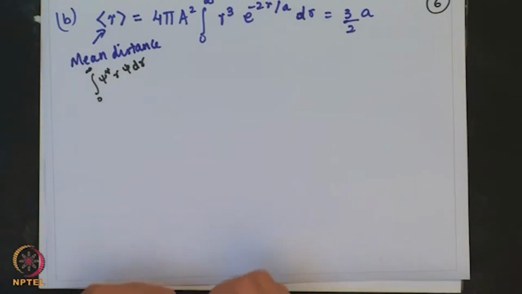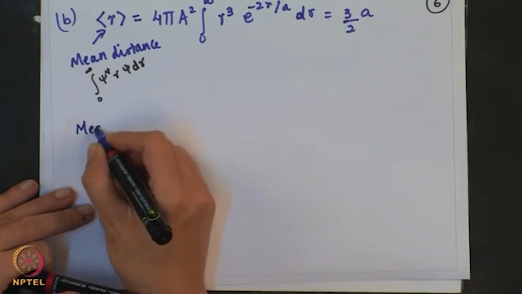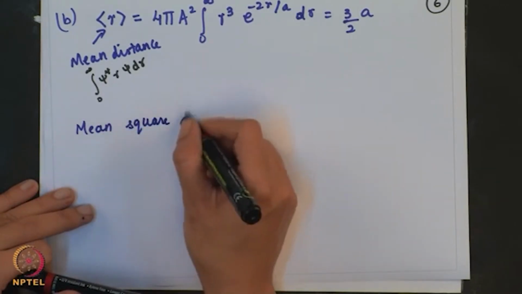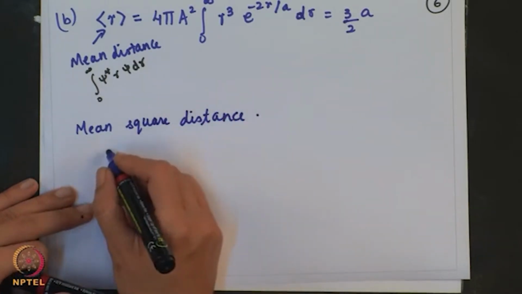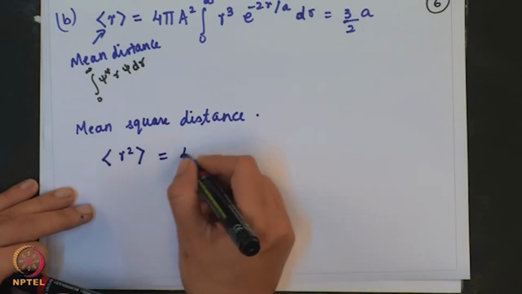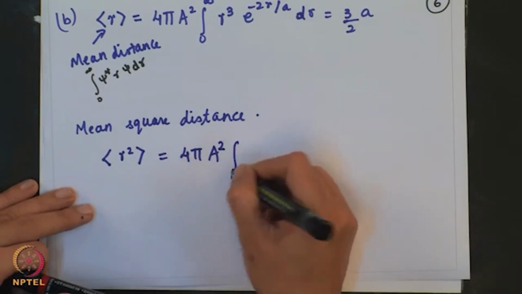The next part is the mean square distance. This also you can evaluate. Mean square distance will be r square, that is 4 pi a square, 0 to infinity.